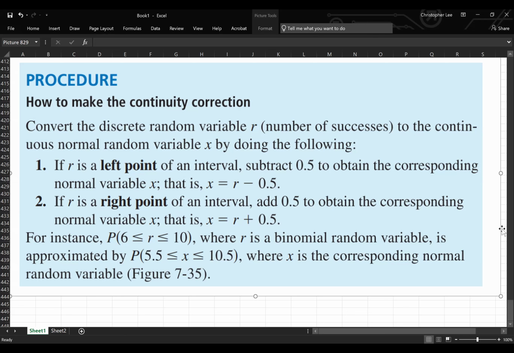You're going to add 0.5 to it for less than. But the 6 is greater than, right? So you're going to subtract the 0.5, right? And then that's how you get that, all right? So it's going to be 5.5 less than or equal to x less than or equal to 10.5, where x is the corresponding normal random variable.